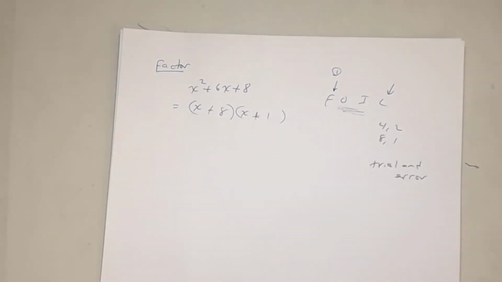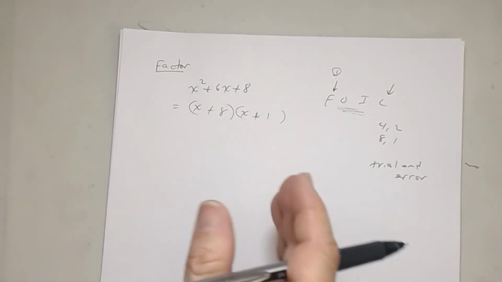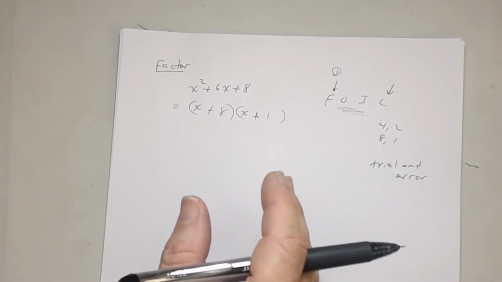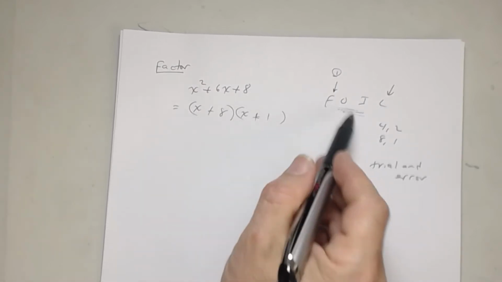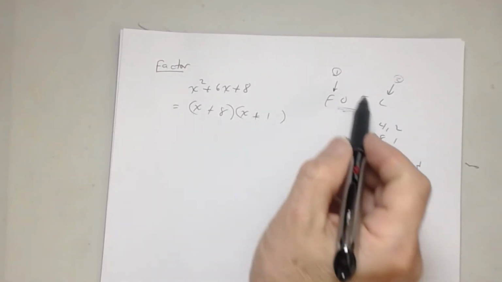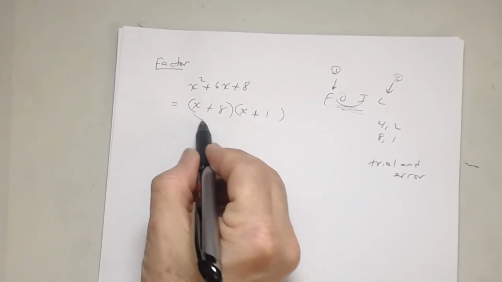All right. So I filled in my terms. Doesn't mean it's correct. All I've done was fill it in. The only thing I haven't checked, you see where I have that arrow here and this arrow here, was the outer and the inner. So let's check the outer and the inner. What's the outer?